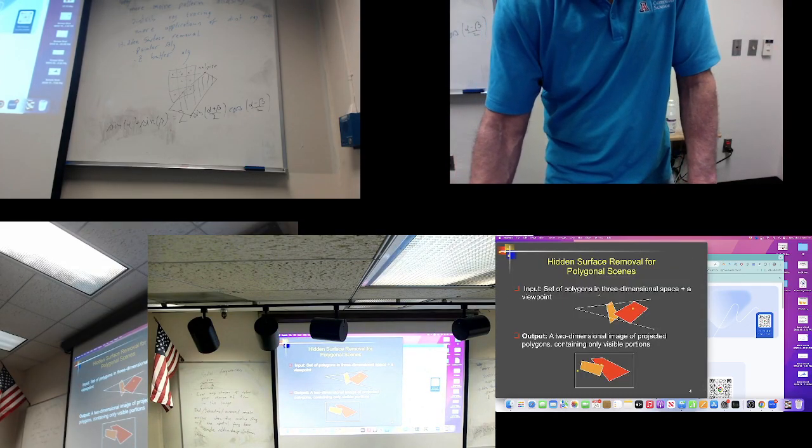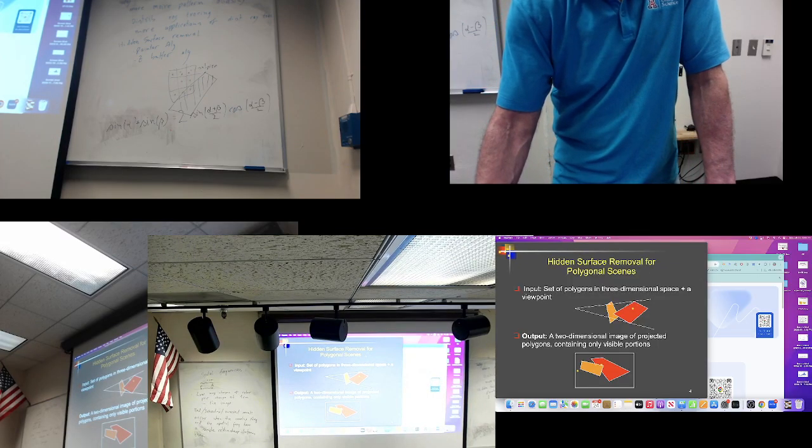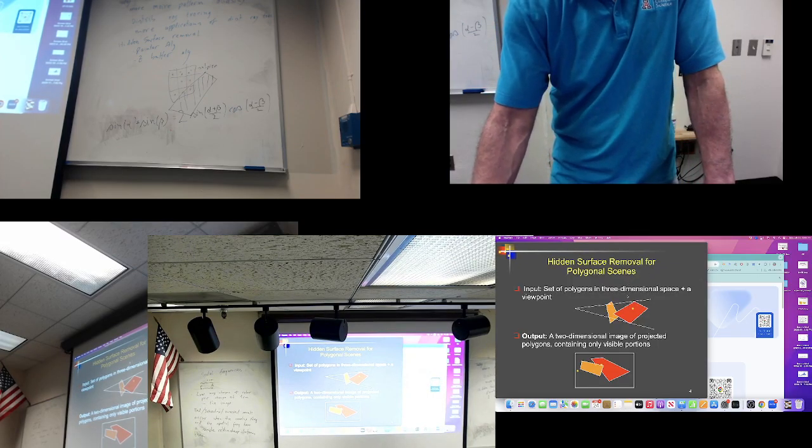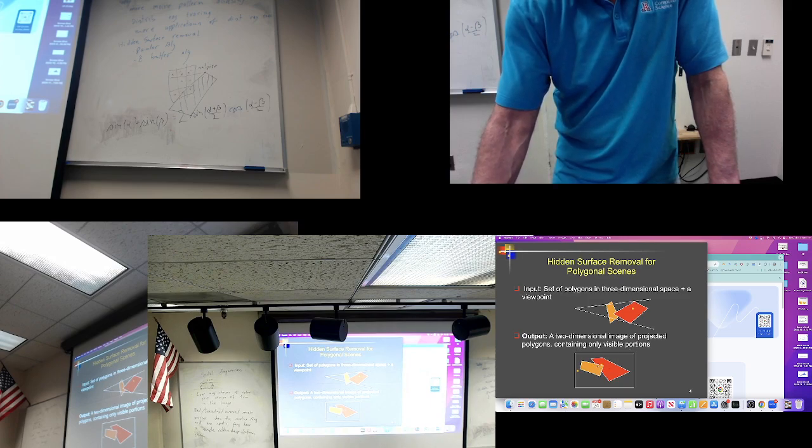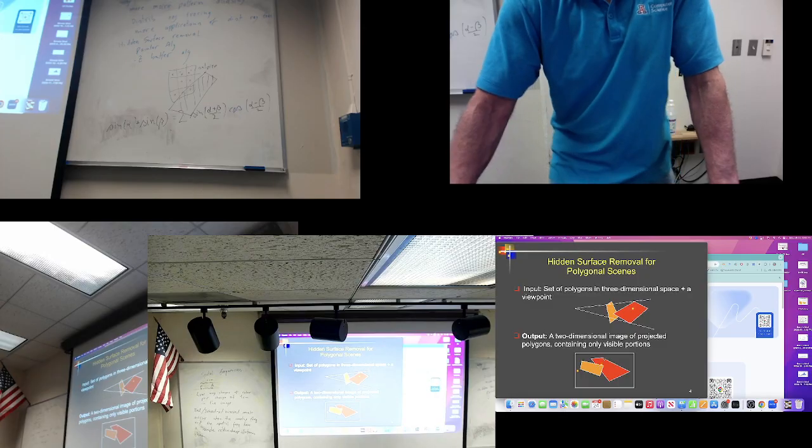Okay, so hidden surface removal for a polygonal scene, meaning all my objects are polygons. The input is a set of polygons in 3 dimensions, plus the viewpoint, and the output would be the 2D image of the object polygons, but only the regions that are visible should be displayed.